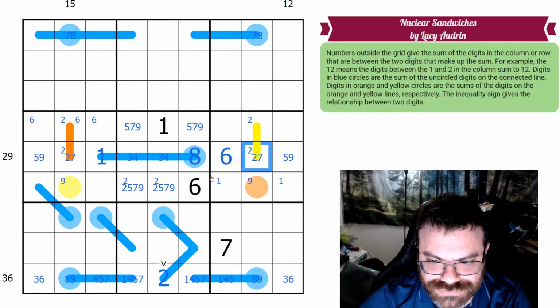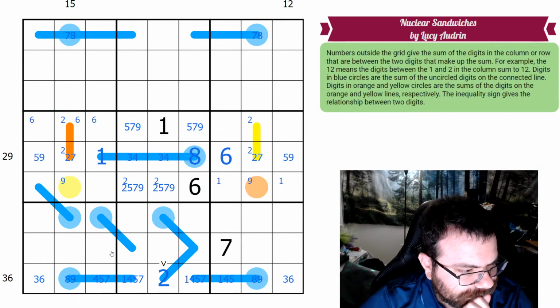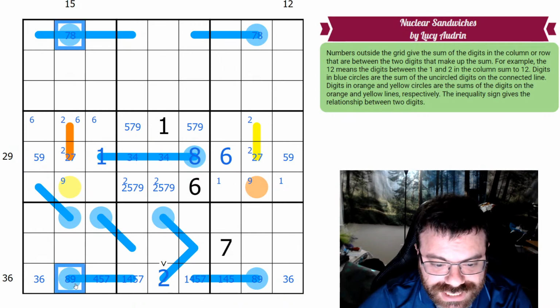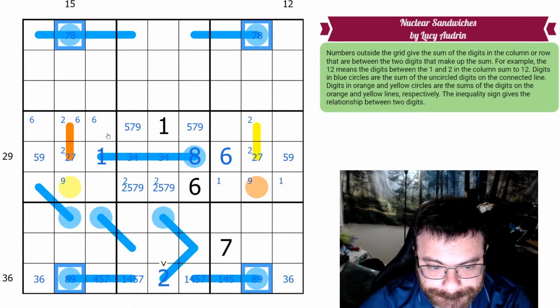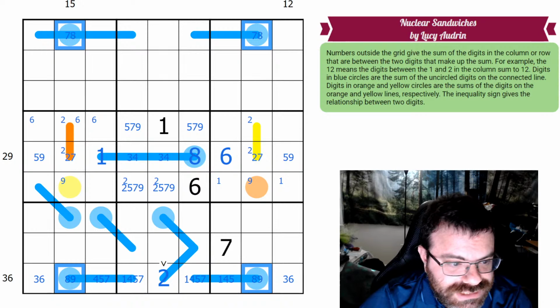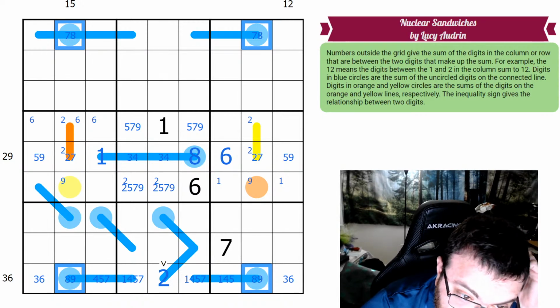May as well mark these two so I remember. I also have this X-Wing on 8s now. So the 15 doesn't have an 8 in it. Starts narrowing it down a bit.